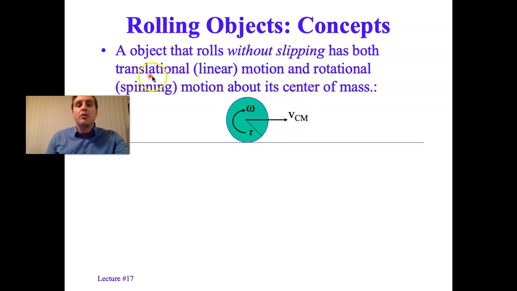So it has both translational motion and rotational motion. That is, there's a linear velocity of the center of mass, and there's a spinning velocity at the outer edge. So you can imagine anything that rolls is basically a combination of spinning and movement of the center of mass. So that's what it means to roll.